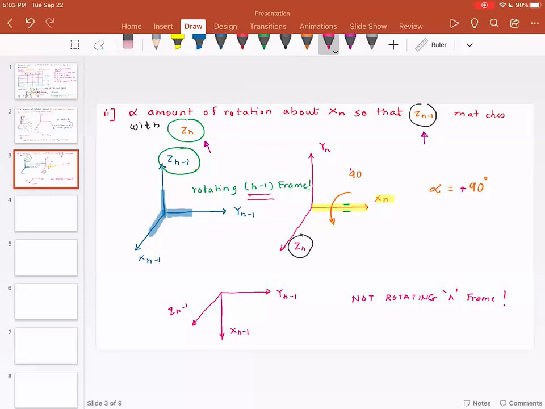Because if you look at the rotation alpha, if you curl your fingers in the rotation, you will see that Zn minus 1 frame gets aligned with Zn when you have a positive rotation of 90 degrees about Xn. Everyone clear about this rule?